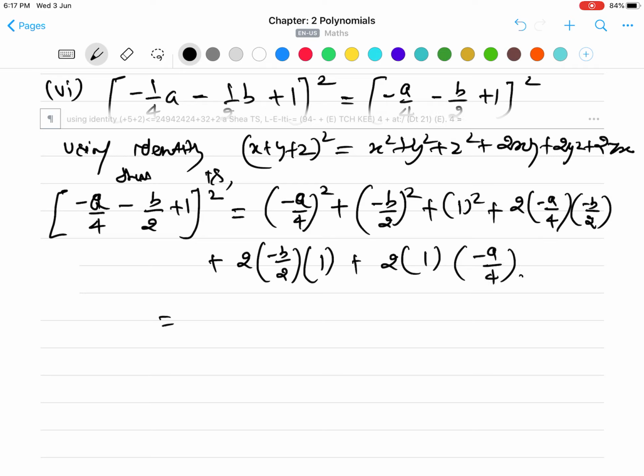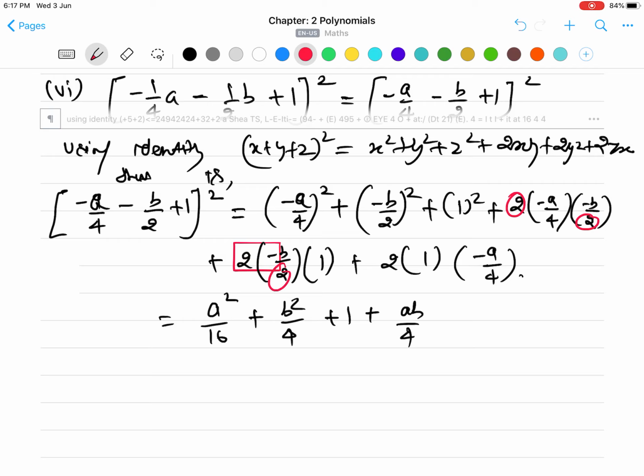Now multiply the numbers and solve this. (-a/4) whole square will be plus a square by 16. Then (-b/2) whole square will be b square by 4. 1 square is again 1. Then this 2 will be cancelled by the 2 here, so the minus will become plus, so this will be plus ab by 4.